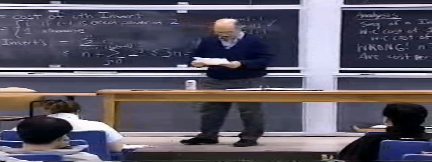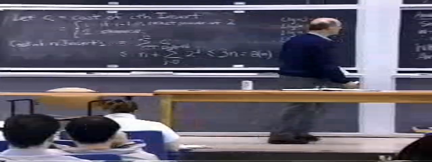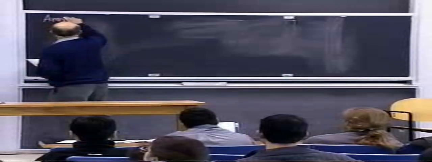So let's talk a little bit about amortized analysis overall, and then we're going to see several ways of doing amortized analysis that have been developed and that are really quite neat things.